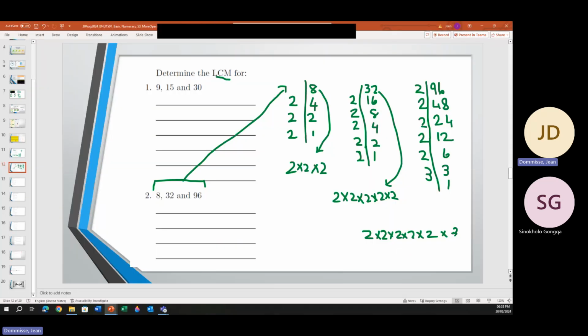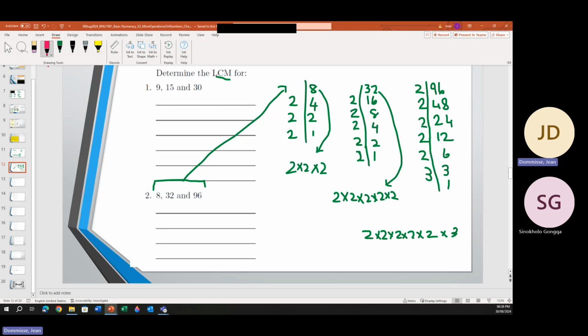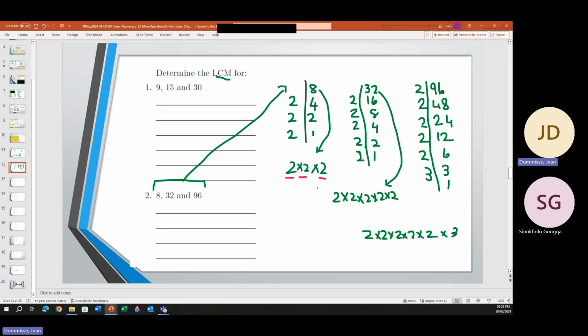Okay, so then if we need to get the common multiple, let's quickly use a different color. We've got 1, 2, 3 in that first one. In the second one, there were 5, so we need to add 2 more to have it covered.